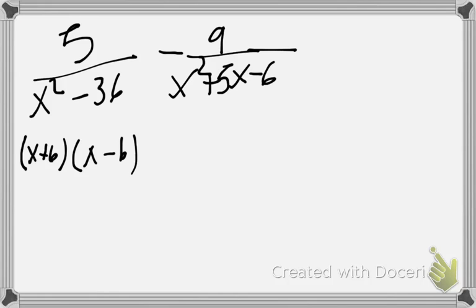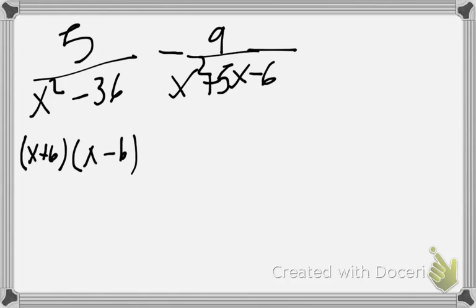And if you don't know whether or not your factors are right, you can go into y equals, and first you'd enter in y1 x squared minus 36, and then in y2 you'd enter what you think is the factored version, so x plus 6 and x minus 6. And if the graphs overlap, if you only see one graph, then you know that you have the right factors.